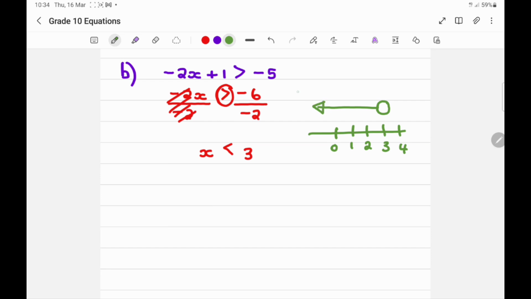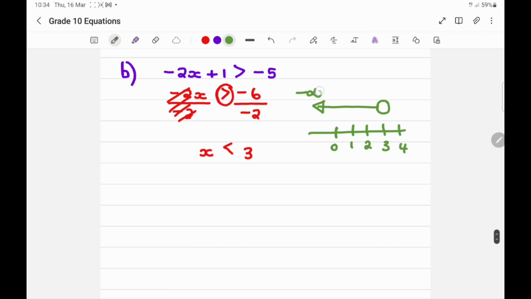So it means all from negative infinity all the way to 3, but not inclusive of 3. This is where my answers will make this inequality true. All right, and that's how we represent it on a number line. You can keep that negative infinity there.